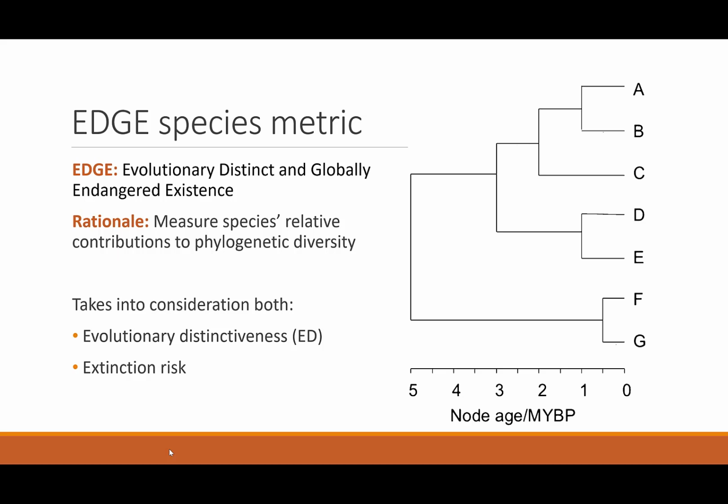One thing that makes this metric a little bit more tricky is that for a lot of species, we don't have their extinction risk measures yet. They haven't been assessed, especially if we think of a lot of insects and other things. So we've really just used these EDGE metrics for mammal groups or other larger vertebrate groups.